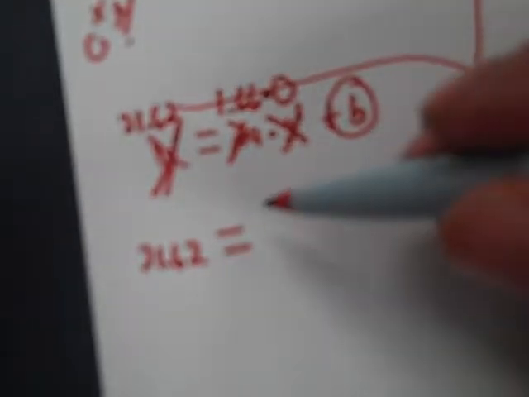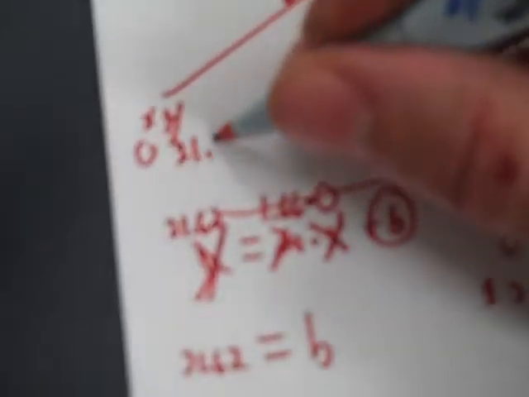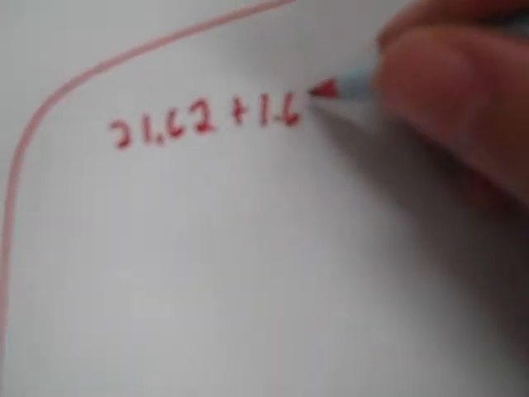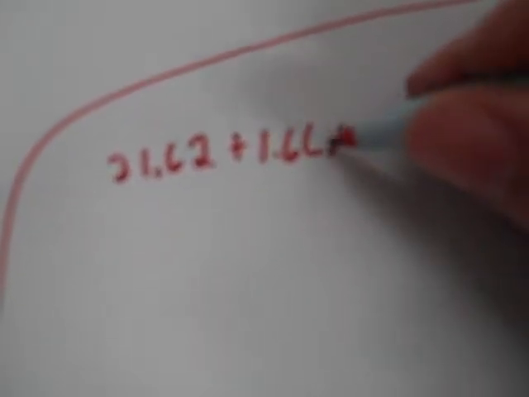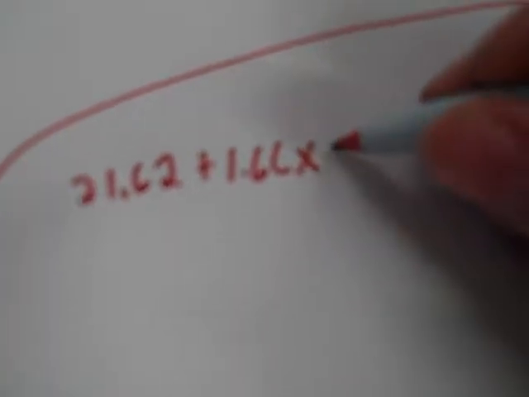So 21.62. Now, if I get a product of 0, I don't write that. That's my B. So 21.62. So my equation: $21.62 plus $1.66 every year, so I don't know how many times that happens, equals Y.